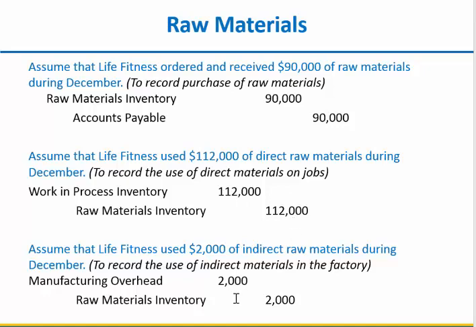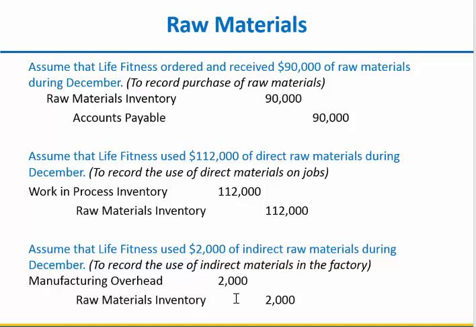Let's also assume that Life Fitness used 2,000 of indirect raw materials, such as glue, right? Such as maintenance parts. So the 2,000 indirect raw materials will become manufacturing overhead.